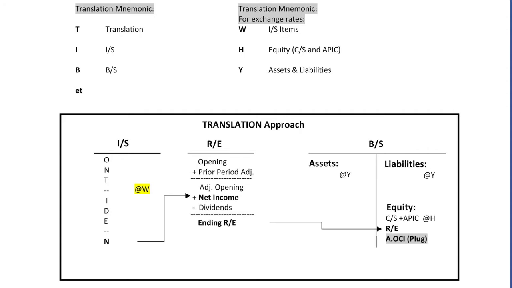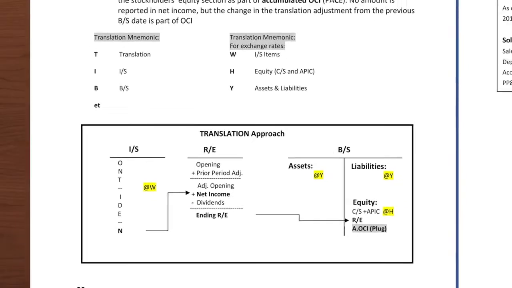So highlight at Y for assets and at Y for liabilities. Now for equity, contributed capital, common stock and APIC, we're going to use, highlight at H, historical exchange rate. And the plug here is accumulated OCI. That's the C of the PACE. That's the gain or loss on currency translation.